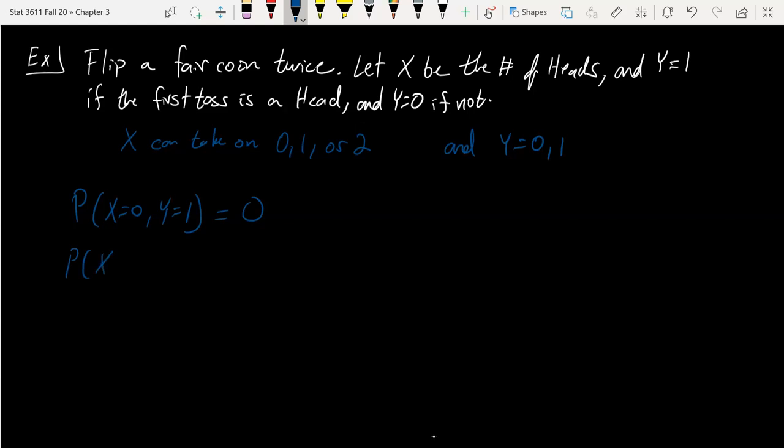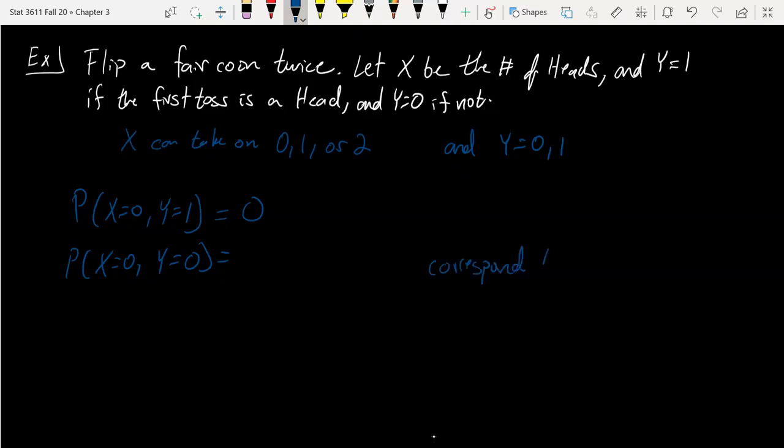What about the probability that X is equal to 0 and Y is equal to 0? If X is 0, that means we don't get any heads. And if Y is 0, it means we did not get a head on the first flip, which is going to be true. So that would correspond to the event tails, tails.